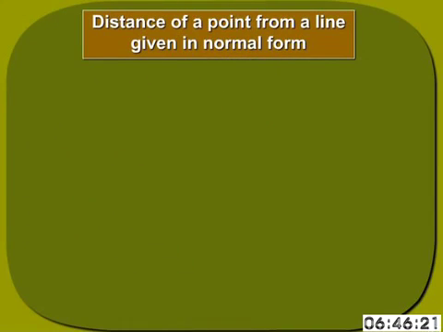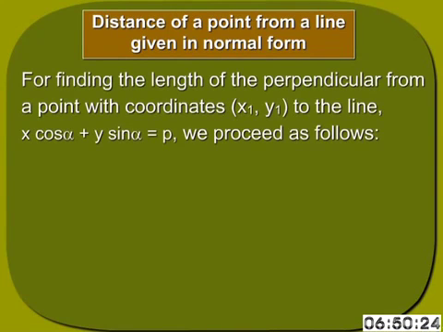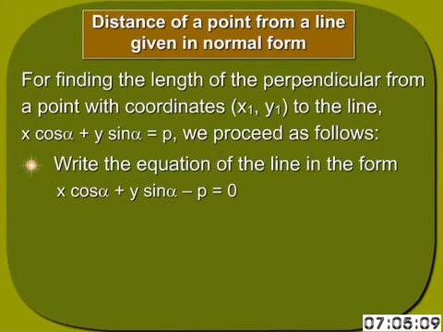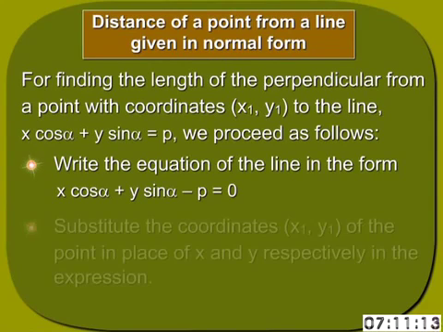Here we will now discuss the distance of a point from a line given in normal form. For finding the length of the perpendicular from a point with coordinates x1, y1 to the line x cos alpha plus y sin alpha equal to p, we proceed as follows. First, write the equation of the line in the form x cos alpha plus y sin alpha minus p equal to 0.